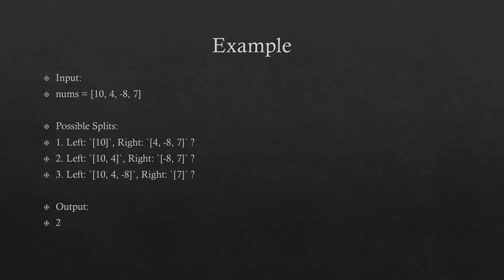The second split has a left part of 10, 4 and a right part of -8, 7, which is also valid. The third split, however, has a left part of 10, 4, -8 and a right part of 7, which is not valid. So in this case, there are two valid splits.